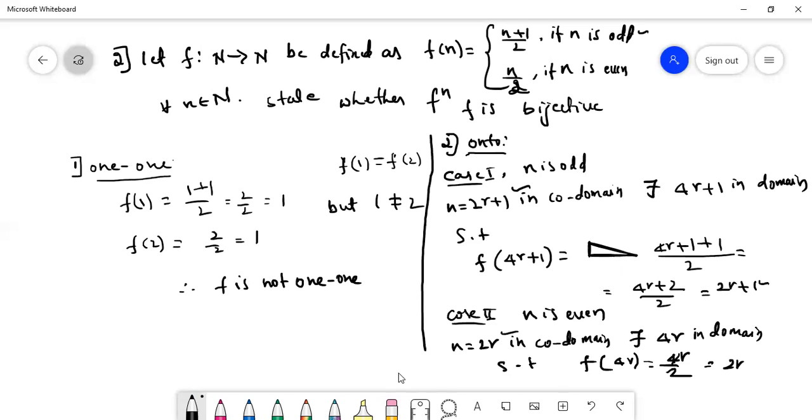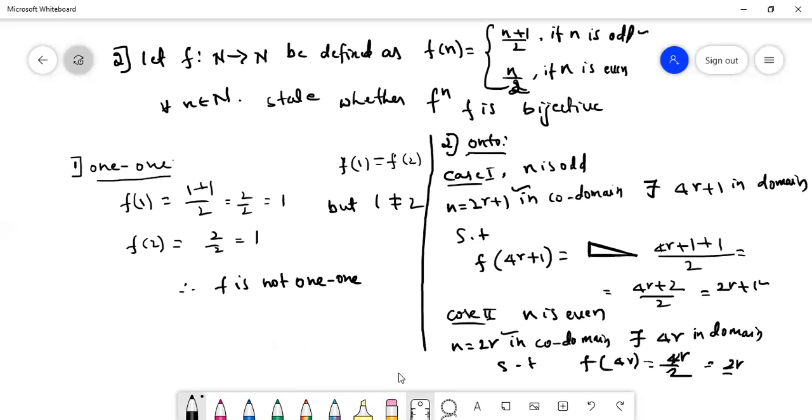Therefore, we can say that if n is odd, then there exists some element in the domain. If n is even, then there exists some element in the domain. For all the odd numbers and even numbers, there exists some element in the domain.